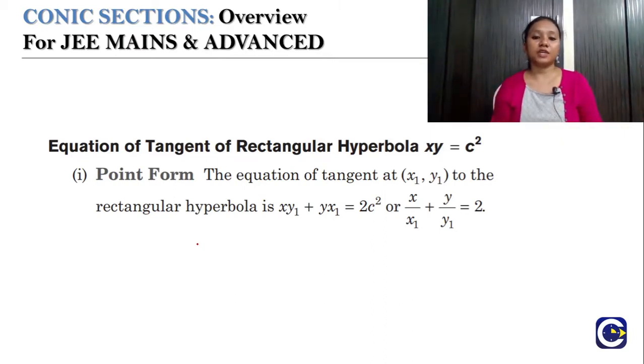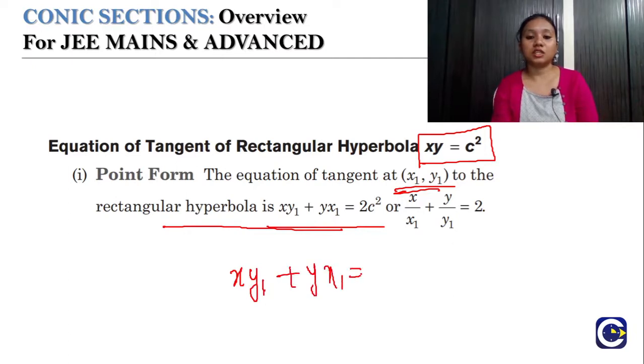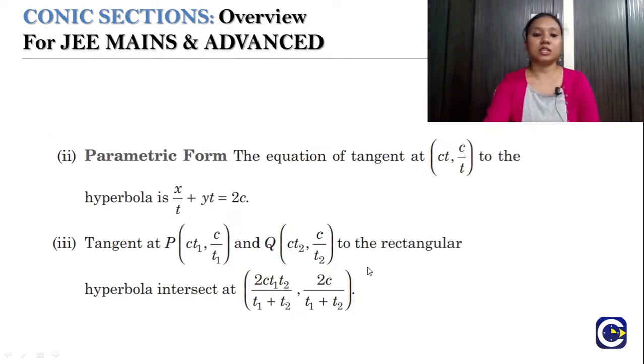The equation of tangent at the point x1, y1 to the rectangular hyperbola is given by xy1 plus yx1 is equal to 2c square. This is my equation of tangent in point form.